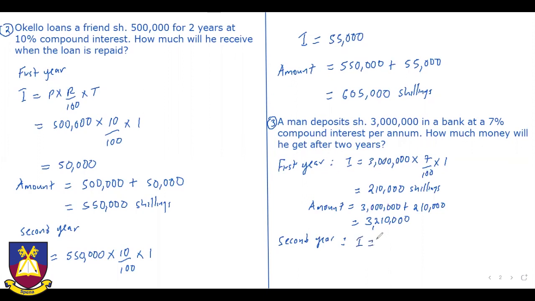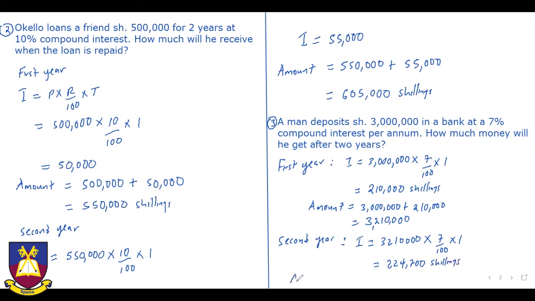The principal is no longer 3 million. It's now this money at the end of the first year, which is the interest plus the principal. So we shall have 3,210,000 times 7 out of 100 times 1. That gives us an interest of 224,700 shillings.